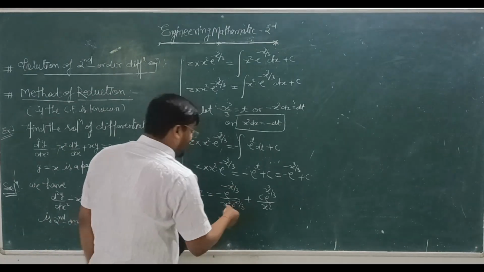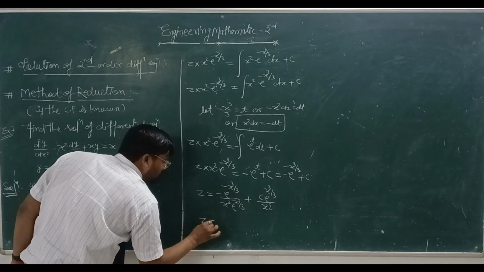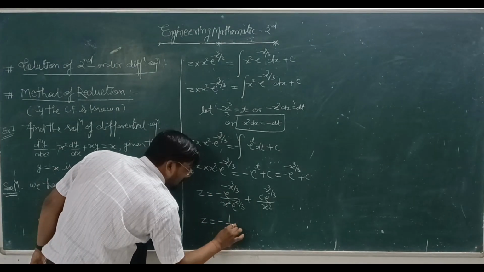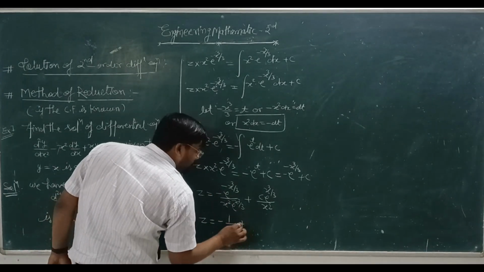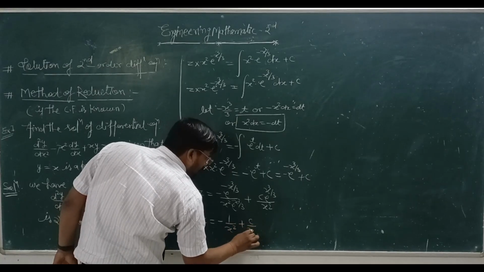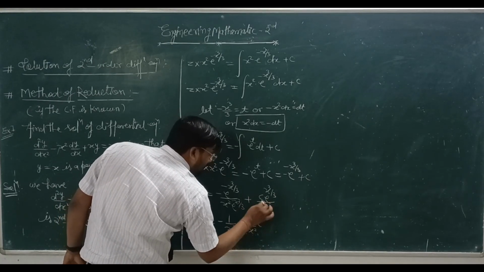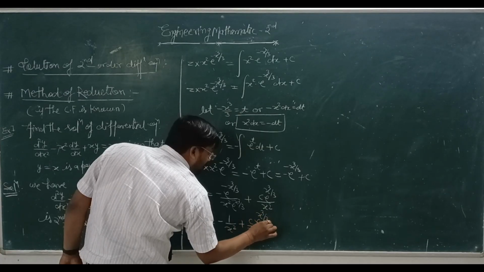Now z is equal to minus 1 upon x square plus c upon x square e to the power x cubed upon 3.